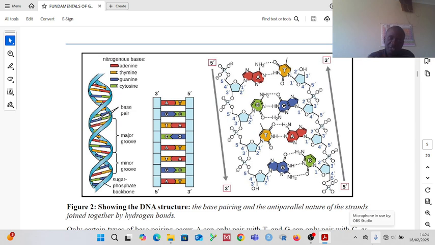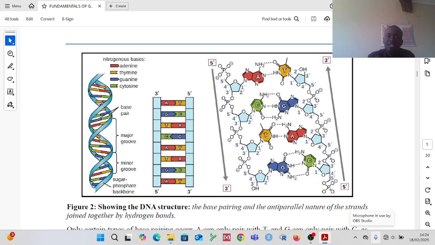Where A is, it will complement with the T, where C will complement with the G. Okay, so where A is, you put a T. Where C is, you put a G as you proceed. Then you create a complementary strand. What was initially single-stranded has become double-stranded.